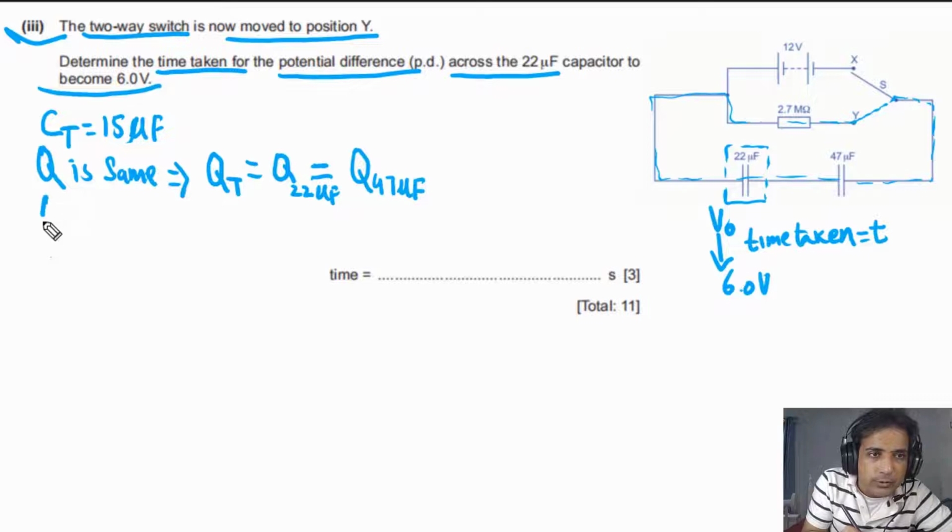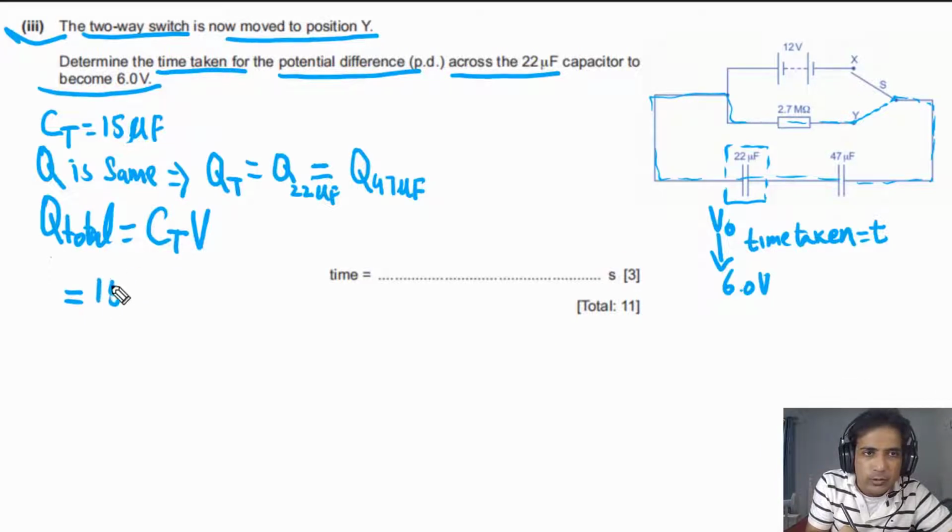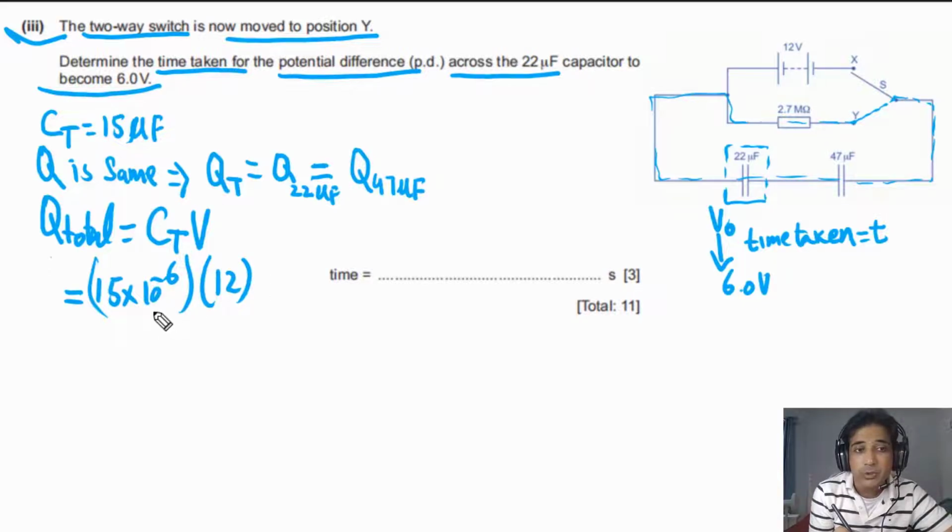Let's try to calculate Q total now. Q total will be equal to C total times the potential difference across these two capacitors. We have the value of C total, equal to 15 microfarads, and the value of V across these two capacitors is equal to 12. So this is how we can calculate Q total. Let's calculate the potential difference across this 22 microfarad capacitor.